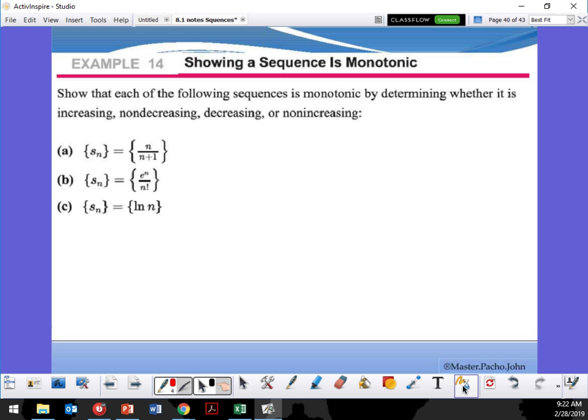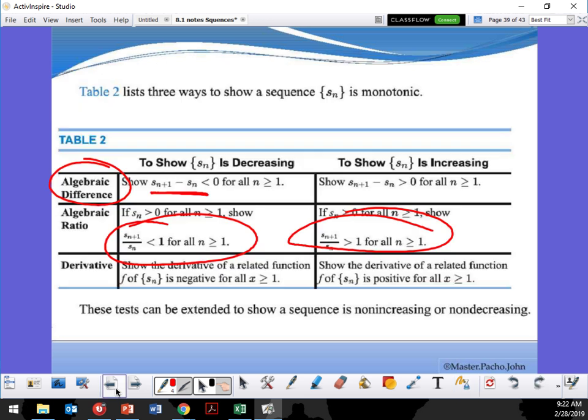Want to do the ratio? Because I'm not going to do a derivative of a factorial, right? How do you do that? Okay, so let's do this as a ratio.